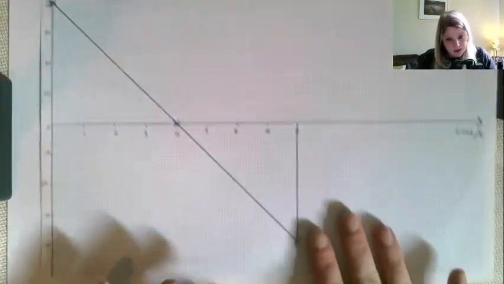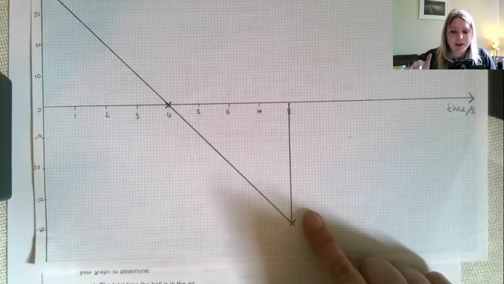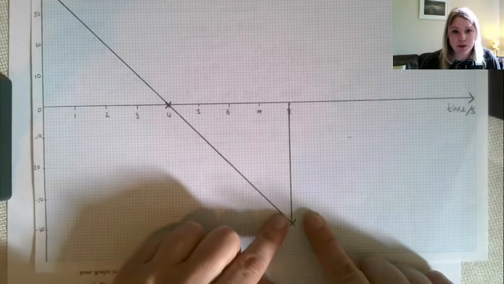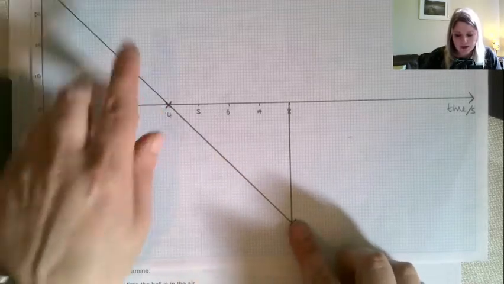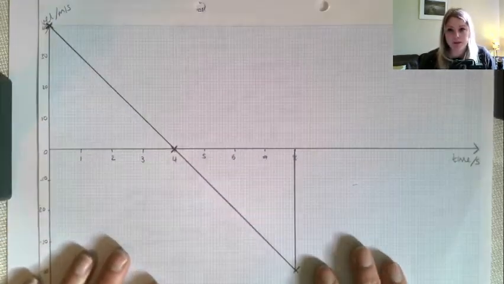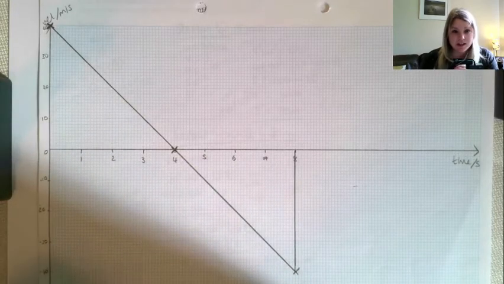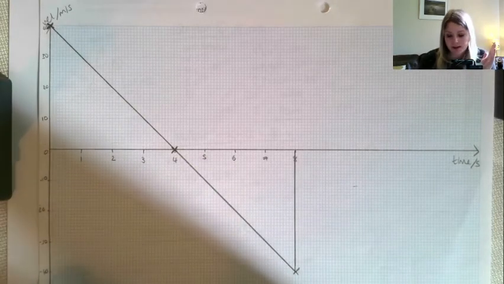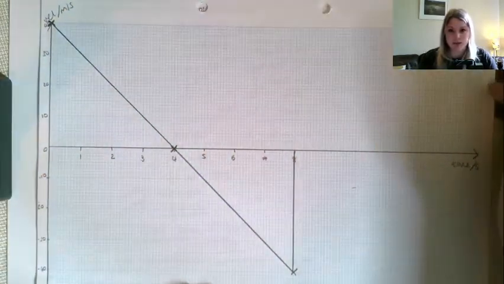Then we know that at 8 seconds it's back down to the same height again, so it's going to be at minus 40 because it's 40 meters per second, but in the opposite direction. So there are the 3 points. Then if you remember from velocity time graphs, a constant acceleration or deceleration is going to be a straight line. So it's just one big straight line joining these 3 points together.